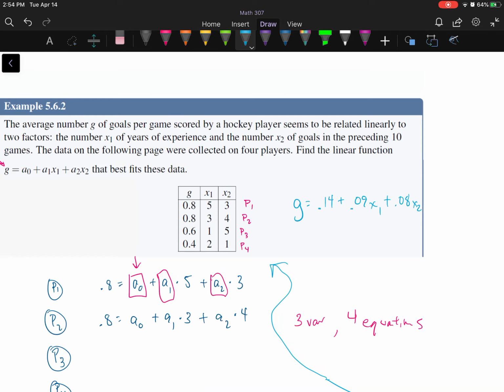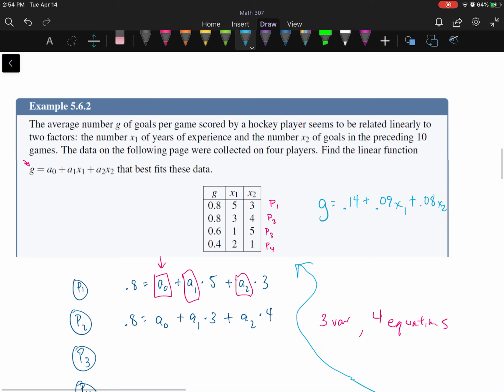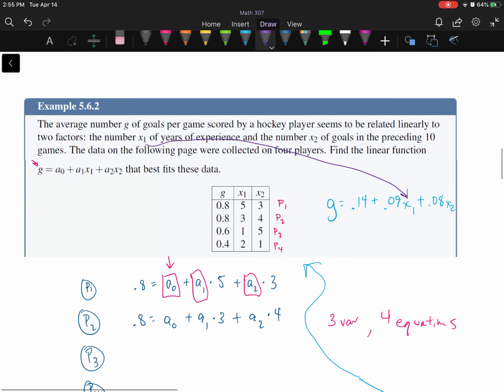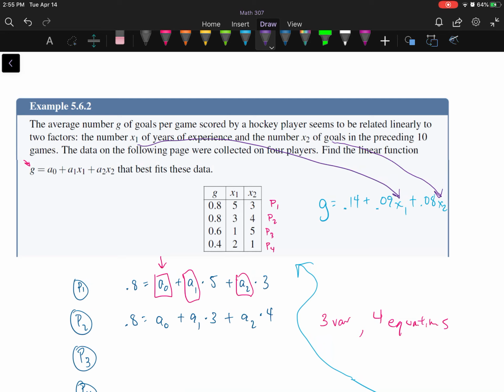And what does this mean? This means that even if a player was coming in with 0 years of experience and 0 goals, our linear function would predict that they would still earn 0.14 of a goal.